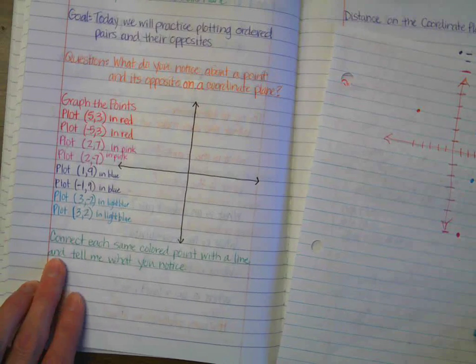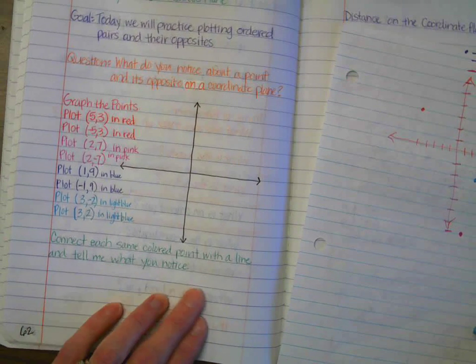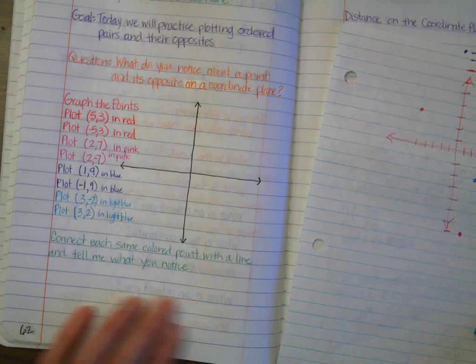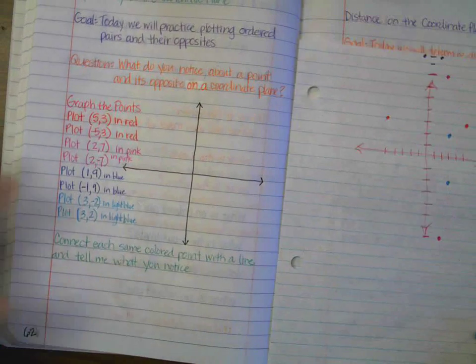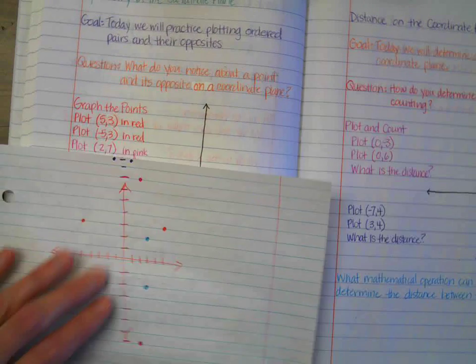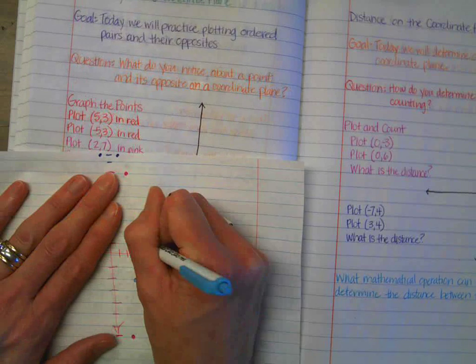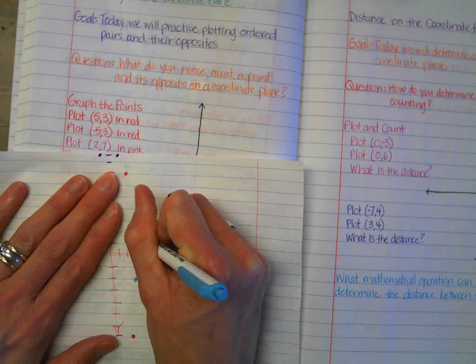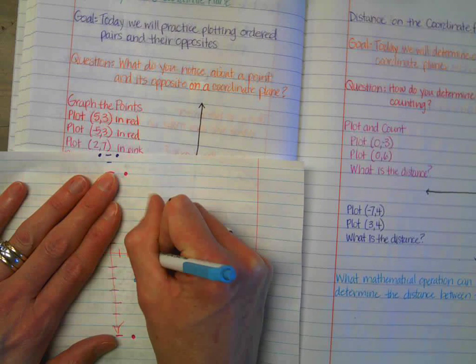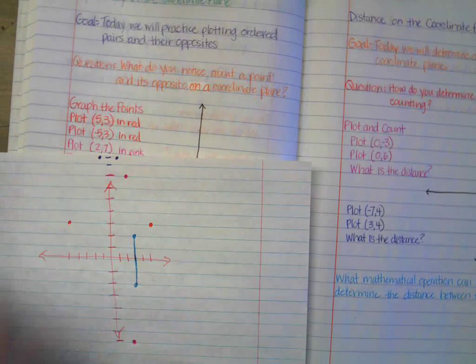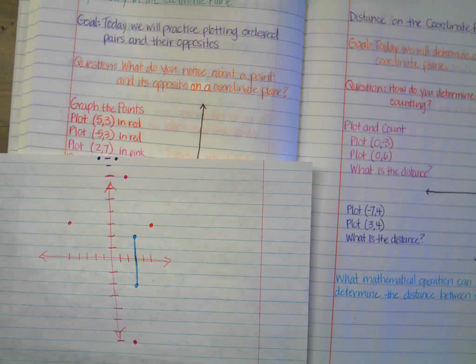The next thing the notes tell us to do is connect each same colored point with a line and then tell me what you notice. We're going to start with the light blue first because that's what I have. What do we notice about these 2 points?